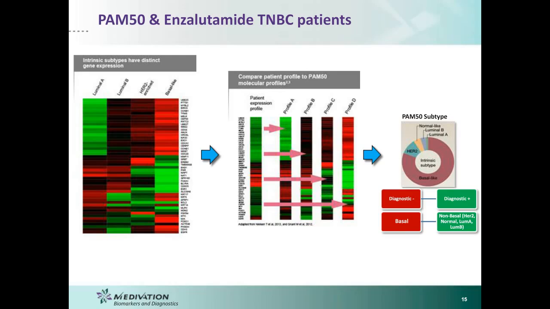And the way an individual sample is classified is shown in the middle, in that a single unknown sample is taken and compared to each one of the individual profiles, and is assigned the class of the profile that is most similar. So this would likely be assigned profile A here, which looks more like the luminal A category. And in this case, we would take diagnostic negatives to be basal-like and diagnostic positives to be all those non-basal categories, similar to what we did with the Lehmann classifier.